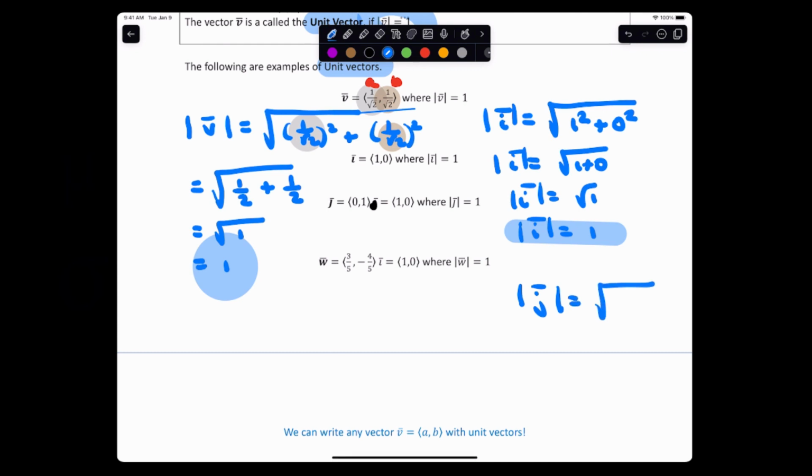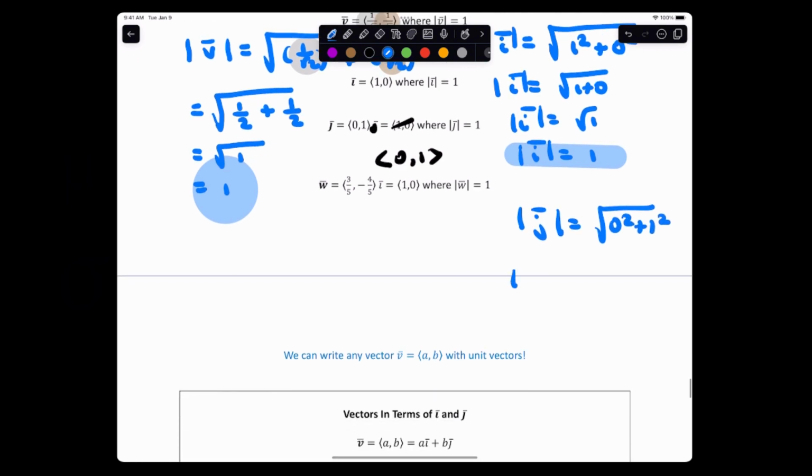Square root of, here's the typo here, 0, 1. 0 squared plus 1 squared will be what? That's also 1.